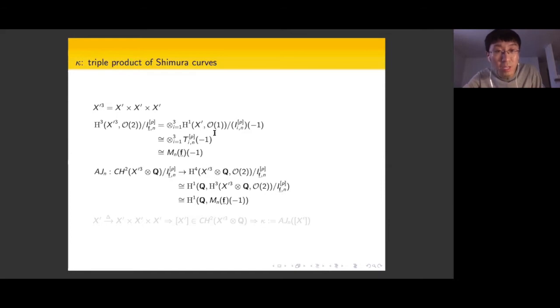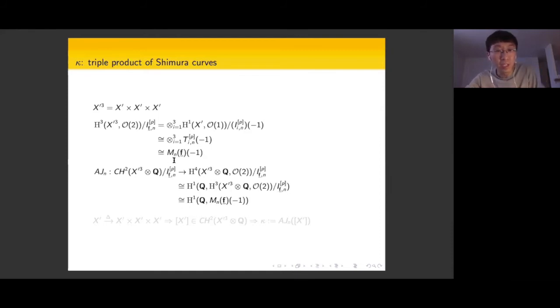Again, by what I explained here, the Hochschild-Serre spectral sequence tells you that this H4 term of the threefold is isomorphic to the H1 of the Galois cohomology of Q valued in the middle degree cohomology of this threefold.